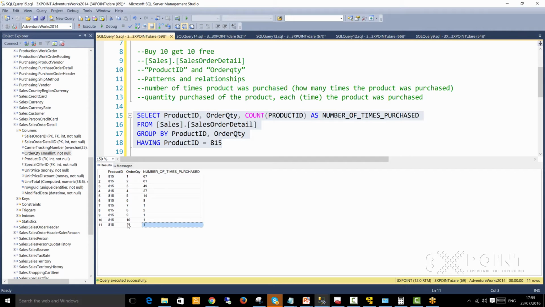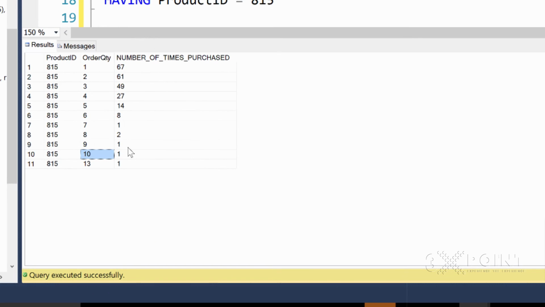So you can see that if we say buy 10, get 10 free, the question is, when this product was bought at an order quantity of 10, how many people actually bought it? Just one.